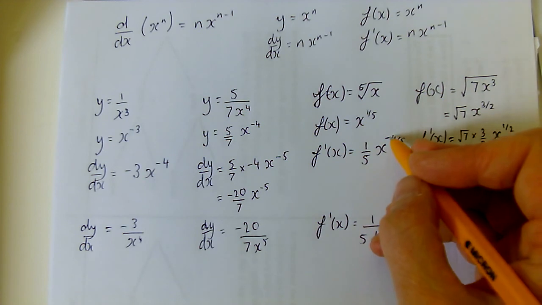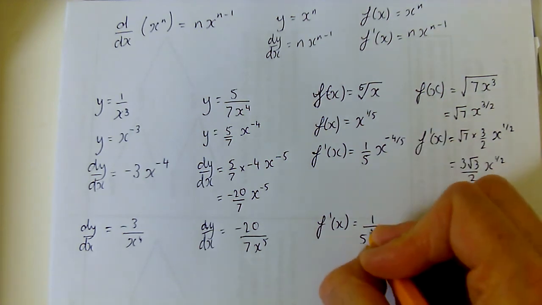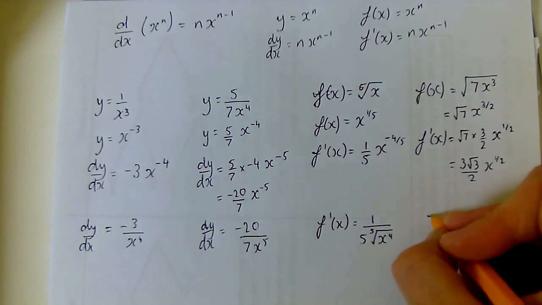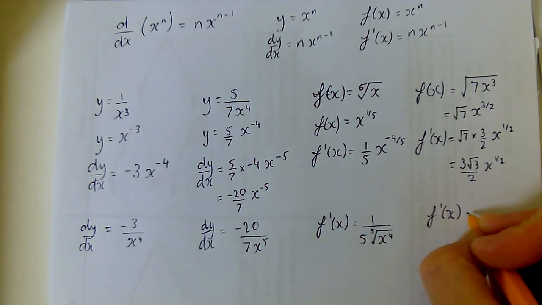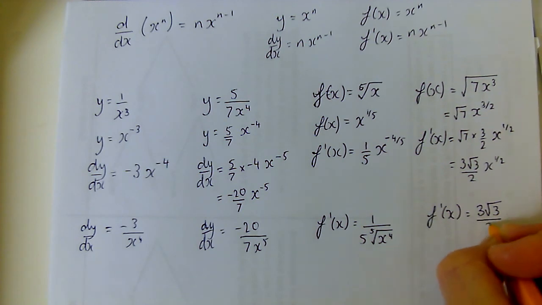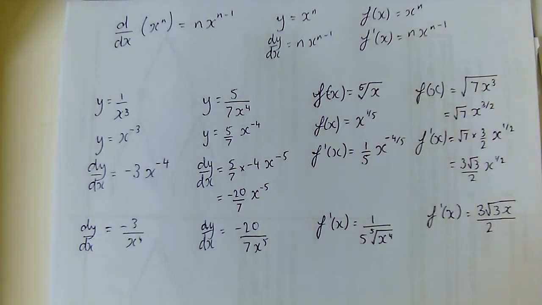So it's going on the bottom because of the negative power. It's the 5th root of x to the 4. And for the last one, we would have 3 root 3 over 2, and we'd have root x, so I can pop the x inside the square root sign there. Okay, I hope that helps you.